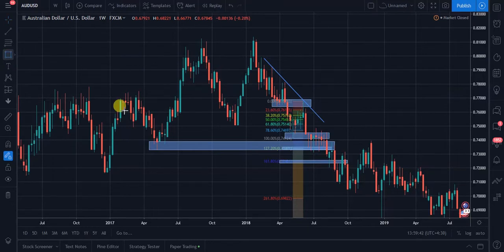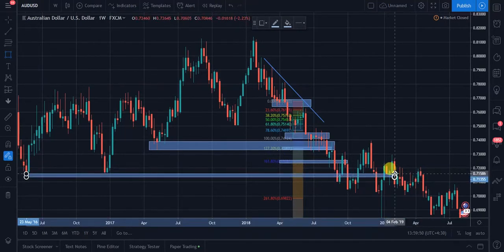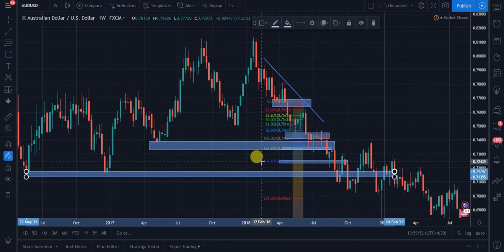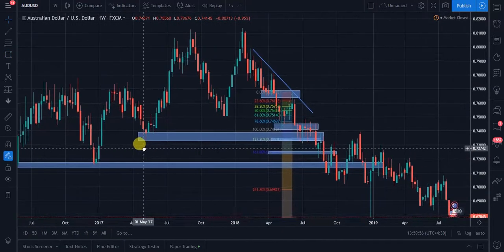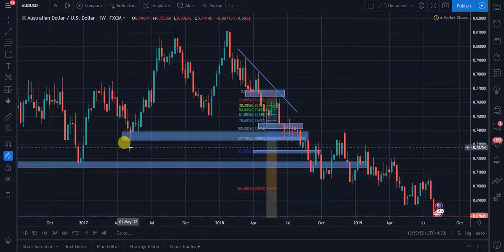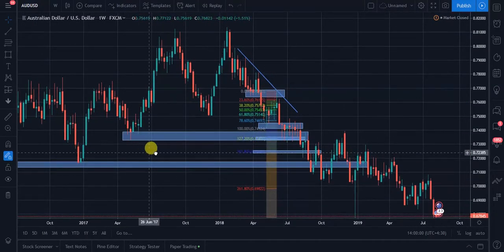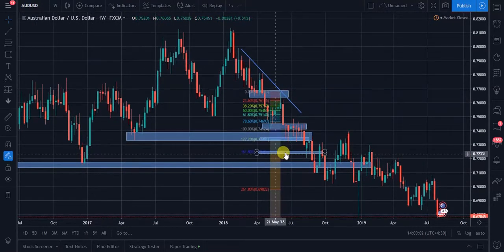But the third take profit is here, but this doesn't show any area near 161.8%. So if you want to use your next target, try to use these levels.